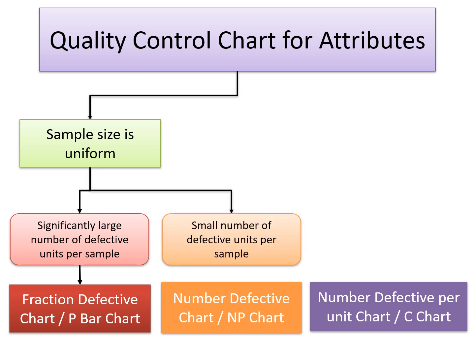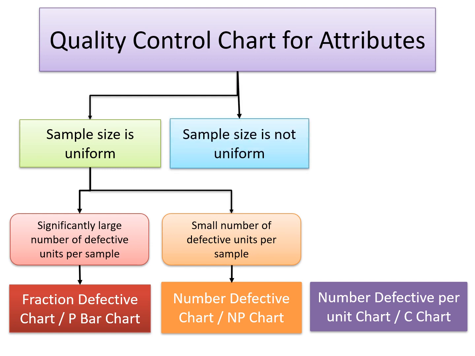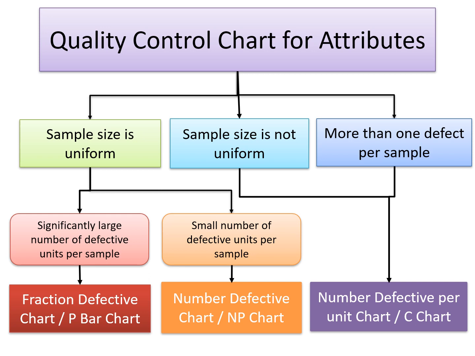Then we use the number defective chart. Finally, when the sample size is not uniform, and also where in a single sample there could be more than one defect, we use the number defective per unit chart, or the C chart.